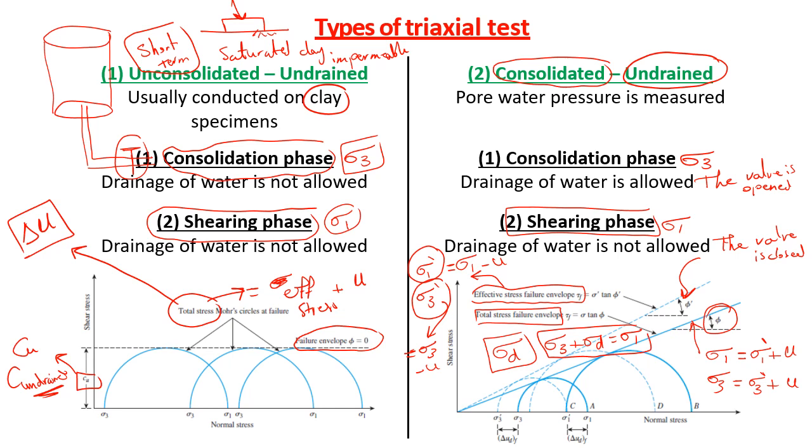This is a fact. And also sigma 3 prime plus sigma d is equal to sigma 1 prime. So we can use the value of sigma d to compute sigma 1 or sigma 1 prime by adding the value of sigma d to the value of sigma 3 or sigma 3 prime.